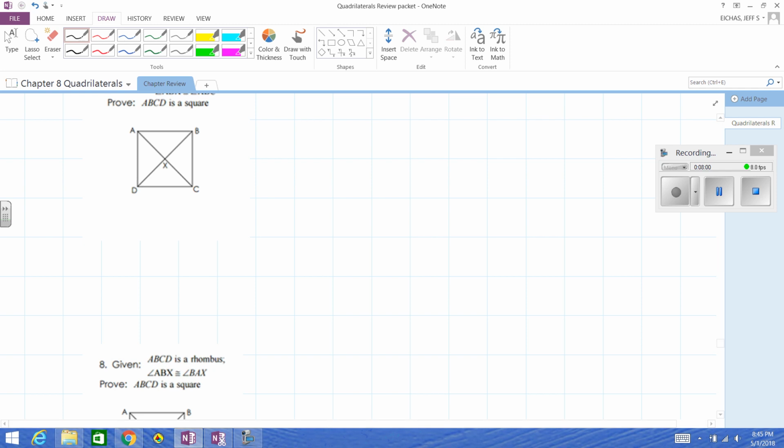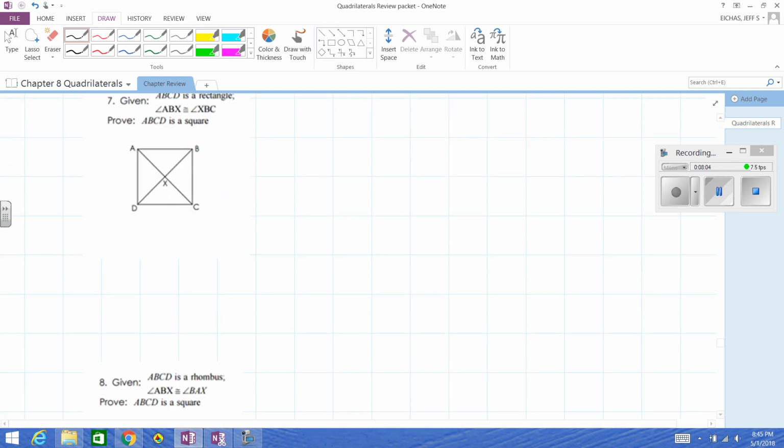All right, take care of number 7. These get a little bit tricky. So what we have is a rectangle, ABCD. I'm just going to draw another one just so we can work on it. So they first give us it's a rectangle, and in a rectangle we both have right angles and we have congruent diagonals. Those are some of the properties of a rectangle.